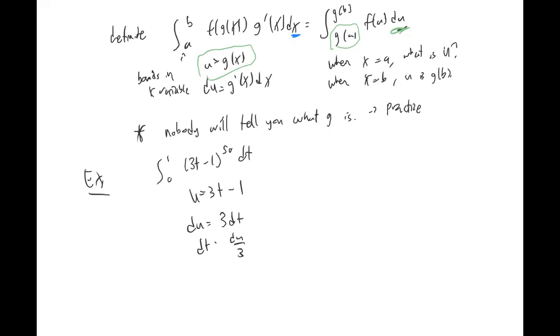Let's rewrite everything. I have the integral, and let's worry about the bounds later. 3t minus 1 is u now, so that's u to the 50, and dt is du over 3. Now, what are the bounds? When t is 0, what is u?